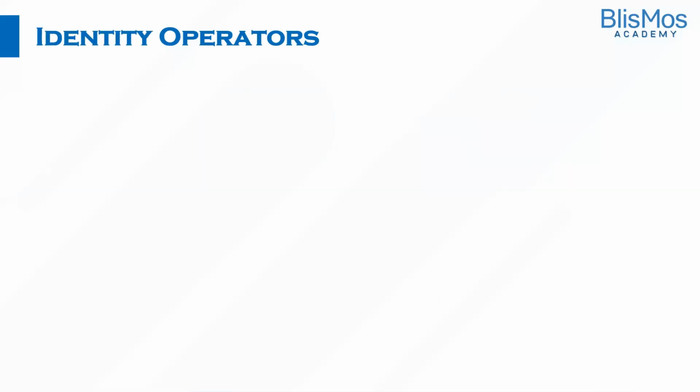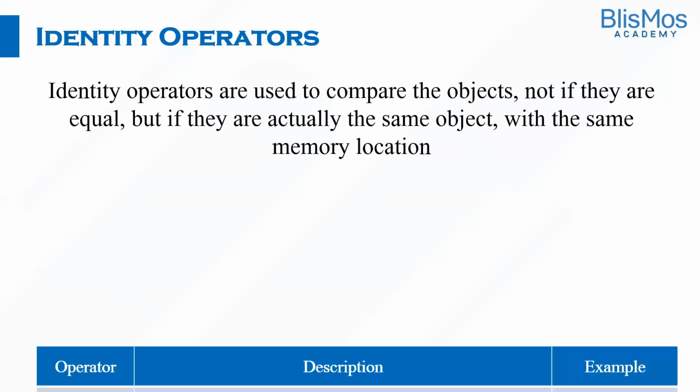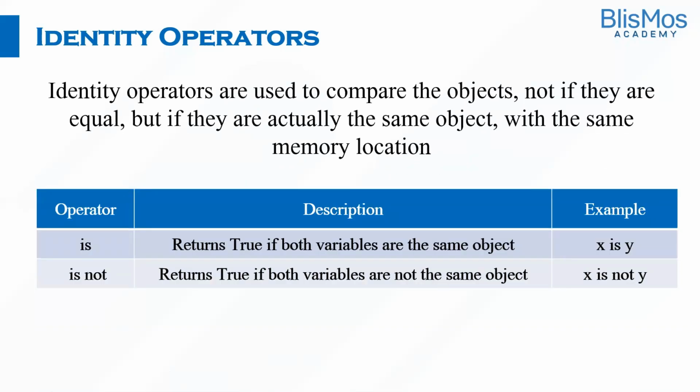Moving on with the identity operators. What are identity operators? Sometimes we have a requirement to compare objects. What does it mean? When we declare a variable, as part of the Python programming language, memory is allocated to it.